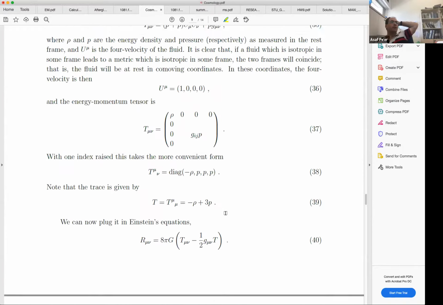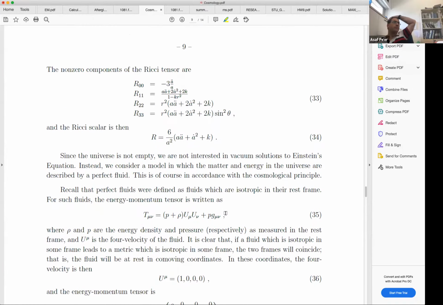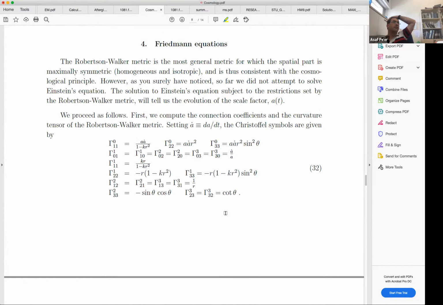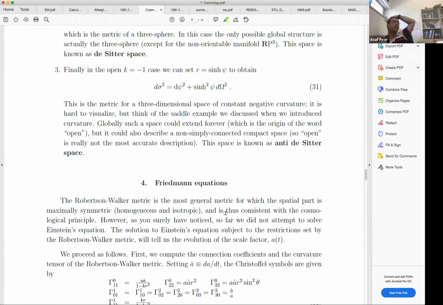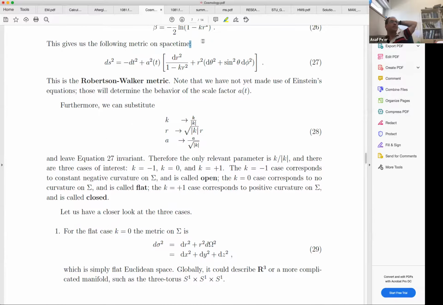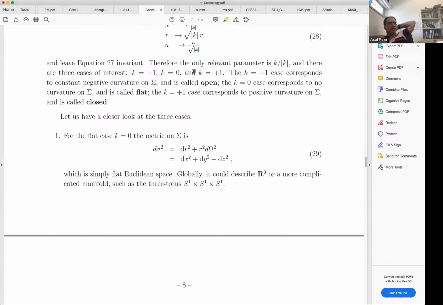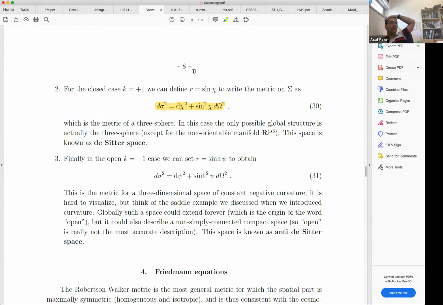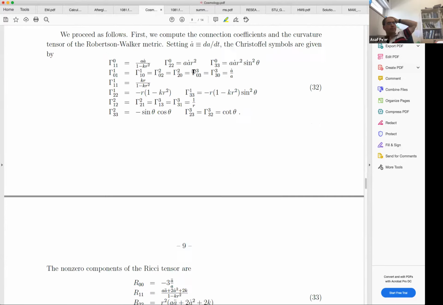And so the metric would look like that. And the evolution of the scale factor, the factor that multiplies all the spatial terms, is governed by these two equations, which are called Friedman equations, which we derived.